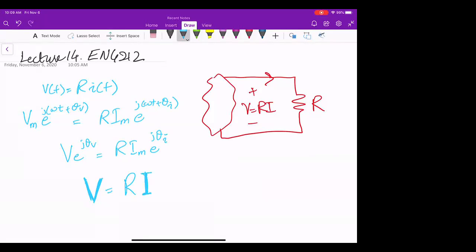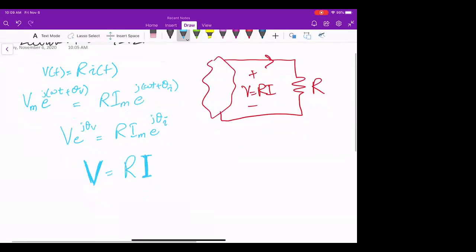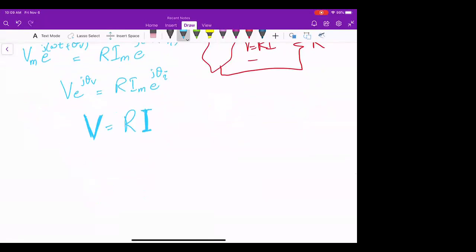So the phase is in this exponent, and if we are expressing it in the phasor form, it is actually equal to V bold is equal to Vm e^(j theta V), and I bold is equal to Im e^(j theta I).